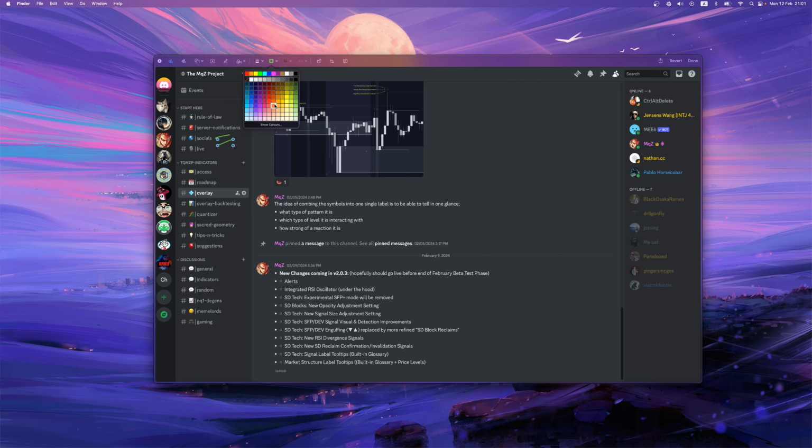Let me change the color on this. So there's information about the indicators in here, how to get access once it's behind the paywall. The roadmap is basically all the things that I'm planning on doing in the future for all the indicators.